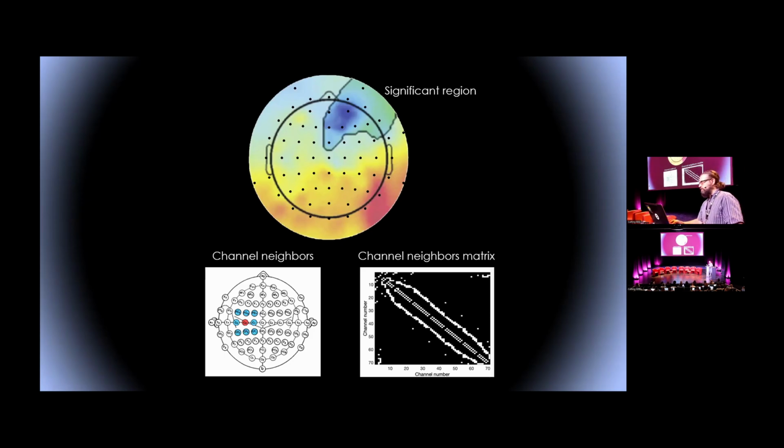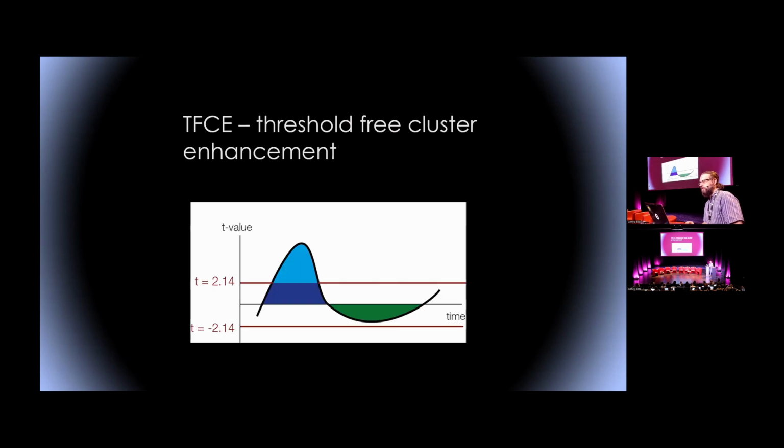So to do that, there is the TFCE. It's a mouthful, threshold-free cluster enhancement. It's a method to basically enhance the t-value so we can use standard statistics on it.